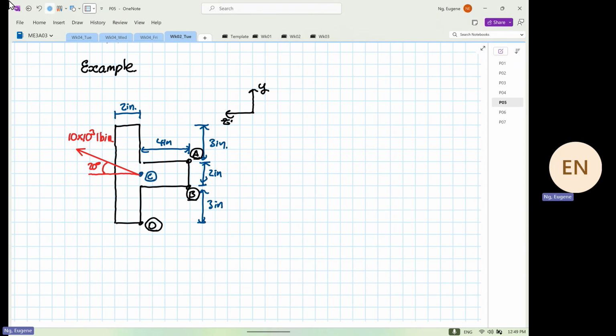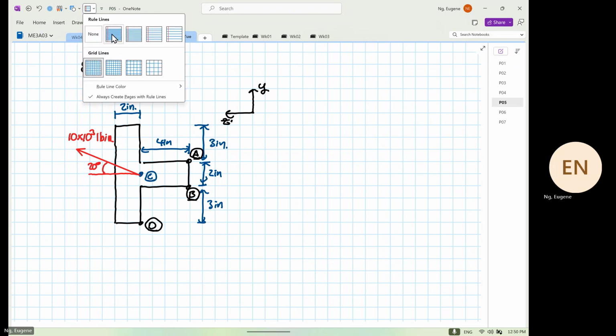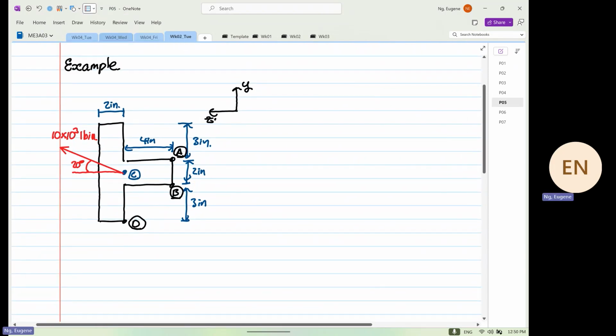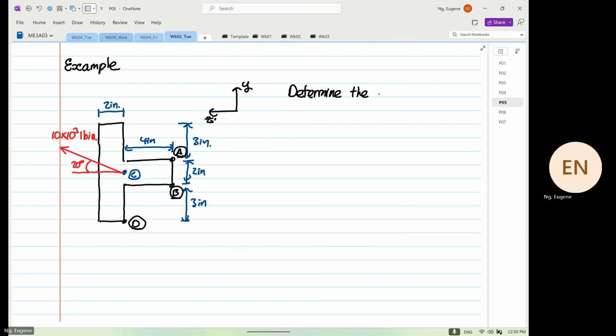So we have to determine the stresses at both point A and also at point D. Okay, and I'm going to do something further.